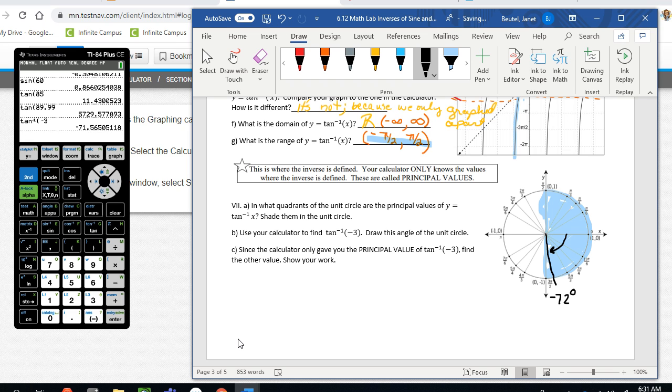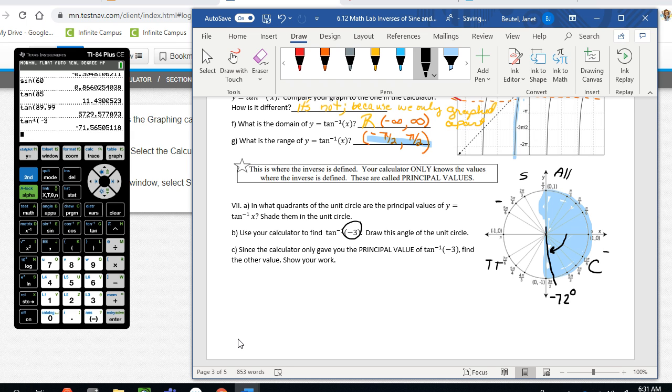So I have one where this is a negative. Where else can tangent be negative? Well, if you remember, all stairs take caution. This is where tangent is positive and everything's positive over here. So that means it's negative here, negative here.